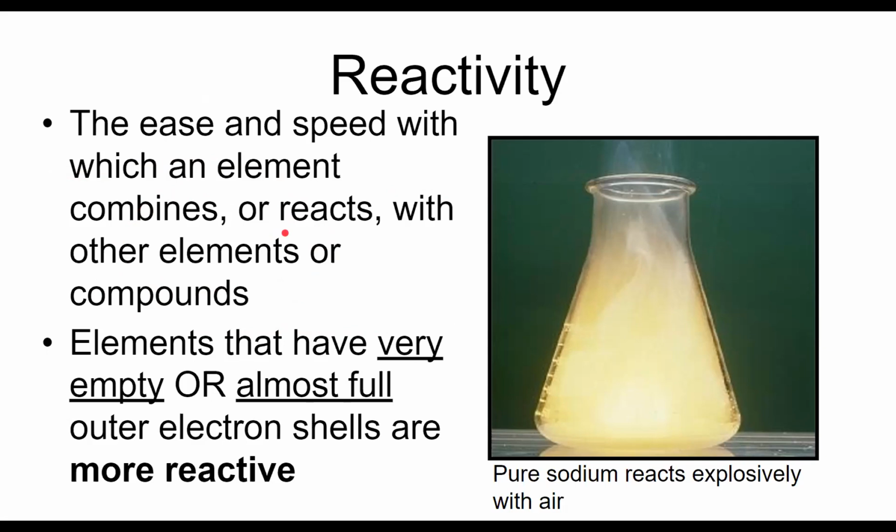So when atoms are very ready and able to quickly and easily react with other atoms, that means they have a high reactivity. If things are very difficult to react, if it's hard to get them to react with other atoms, that means they have a very low reactivity.